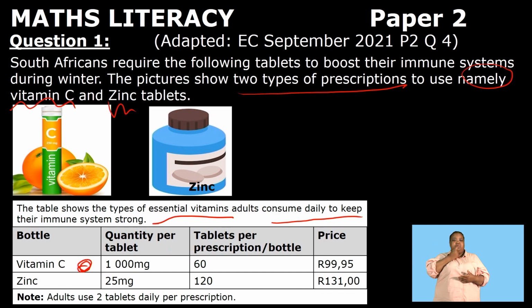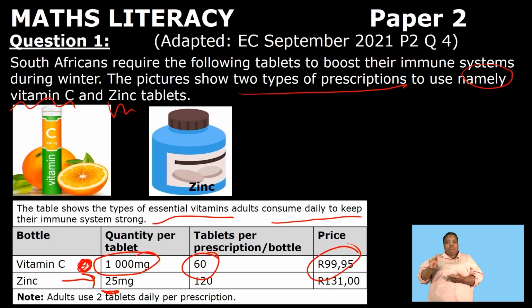We can see the vitamin C is 1,000 milligrams. There is 60 tablets per bottle, and the price is R99.95. Your zinc is only 25 milligrams, but there's 120, so it's double the tablets, and the price is 131 Rand.